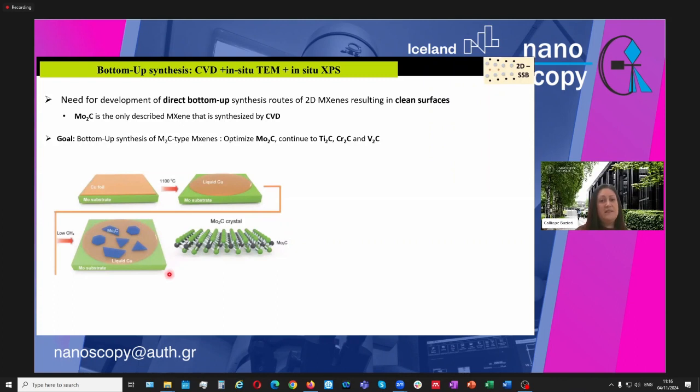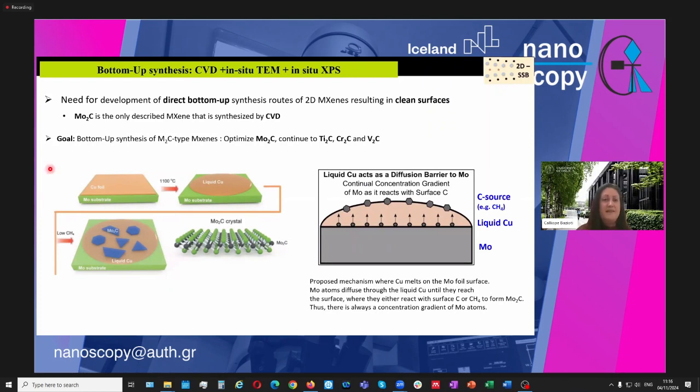Here you can see a simple schematic of the main steps of the CVD growth. Basically, we start with a bilayer of two metals, a molybdenum substrate covered by a copper foil. We heat it up, so copper becomes liquid, and then molybdenum atoms can diffuse through the melted copper and segregate at the surface.